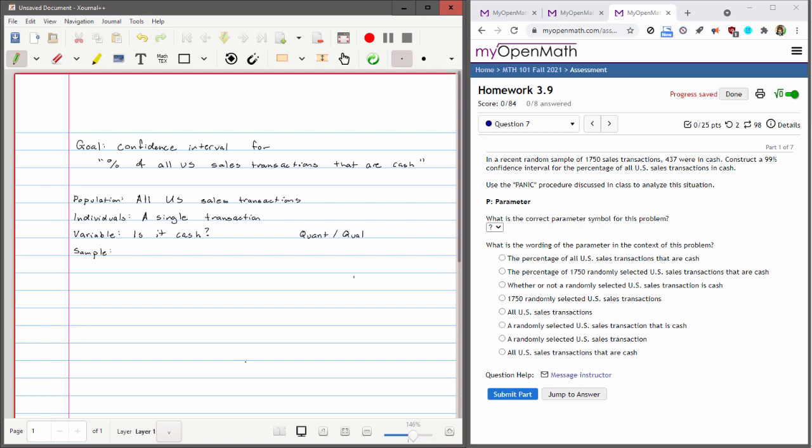Probably usually a card these days for a non-cash transaction. And of course, that's not a number. We're going to get a yes or no answer. Either it's cash or it's not cash. So that's a qualitative variable. Quantitative, quantity, that's a number. Qualitative, quality, that's some property that we have to describe in words. And then our sample is the 1,750 transactions sampled.